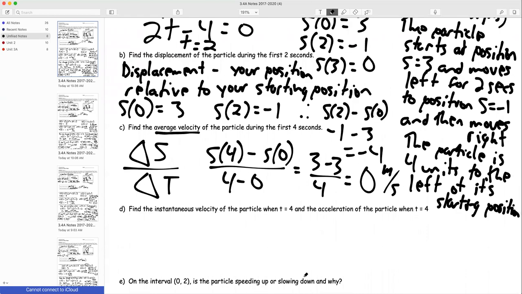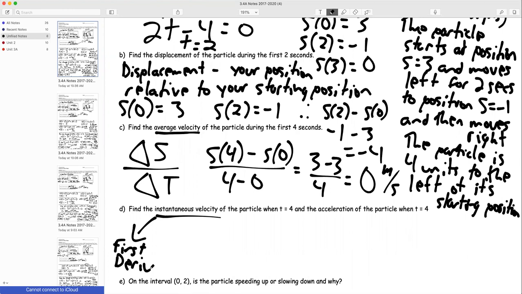And part D says find the instantaneous velocity. And when you see that, I think to myself, this is the first derivative. So I need to take the derivative of the position, which I did.